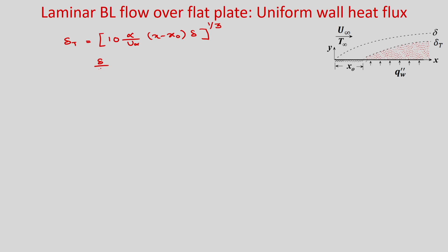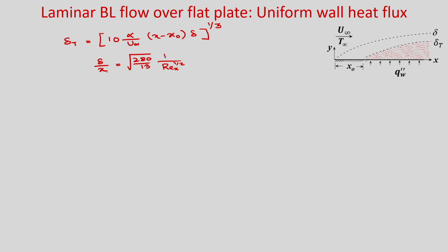Now, let us put the expression for hydrodynamic boundary layer thickness delta that we have already found from solving the momentum integral equation. So, you can write delta by x, you know this is root 280 by 13 1 by Re x to the power half, right. So, this is the expression we have.